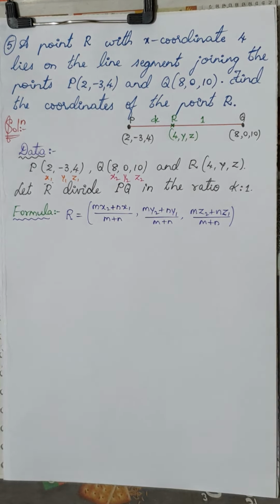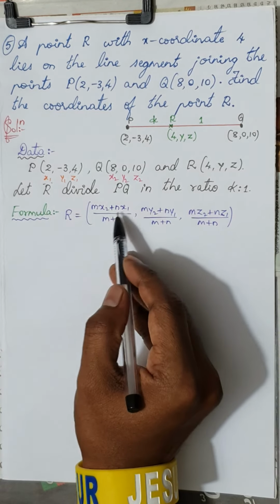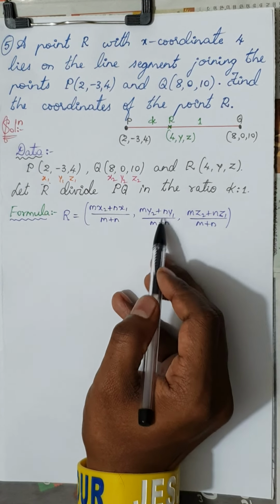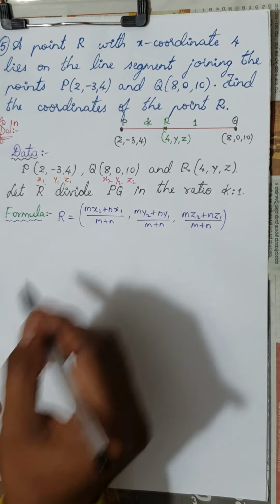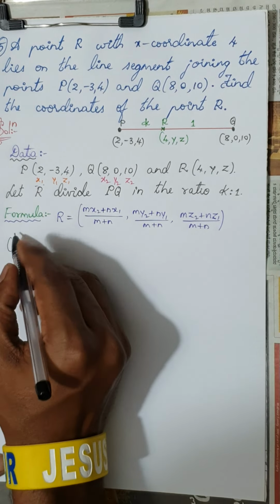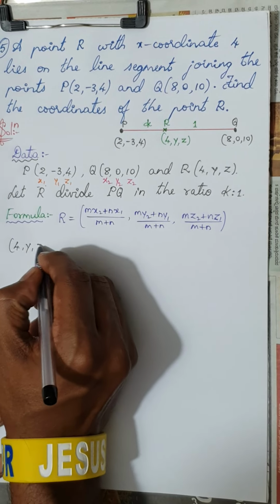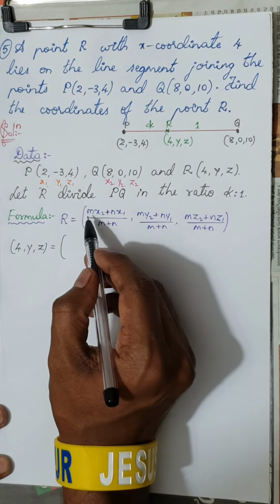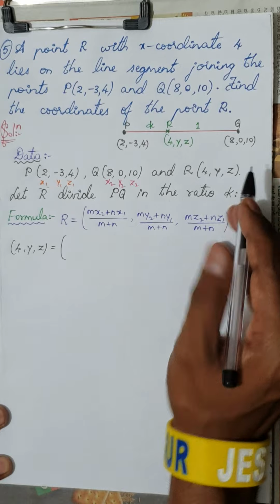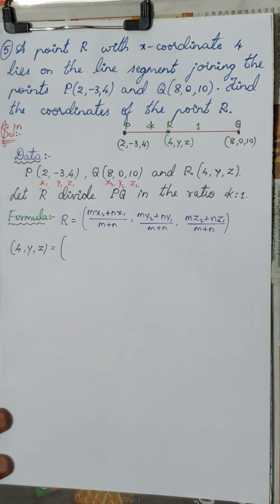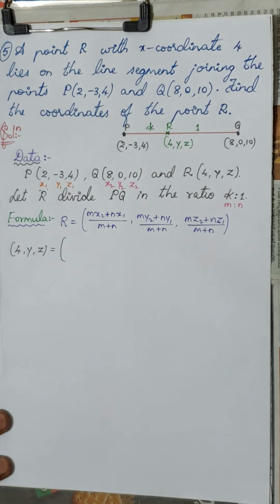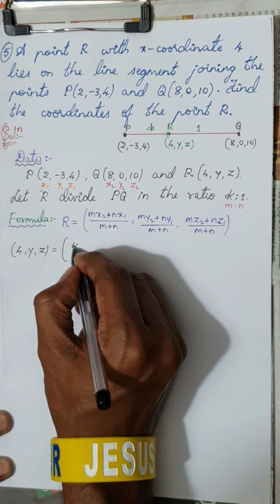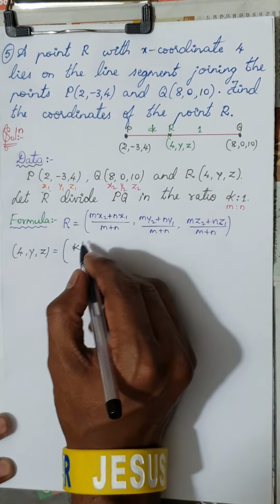Okay, so the section formula is: mx2 plus nx1 divided by m plus n, my2 plus ny1 divided by m plus n, and mz2 plus nz1 divided by m plus n. Coordinates of R, we have considered as 4, y, z. That is nothing but, as I told you, m will be k and n will be 1. So if we take the ratio m:n, it becomes k:1. So k into x2, I have considered Q coordinates as x2.